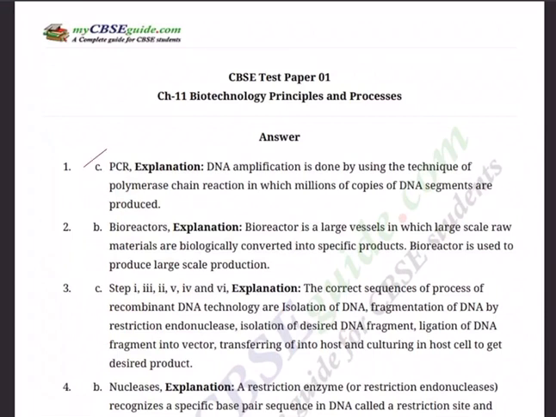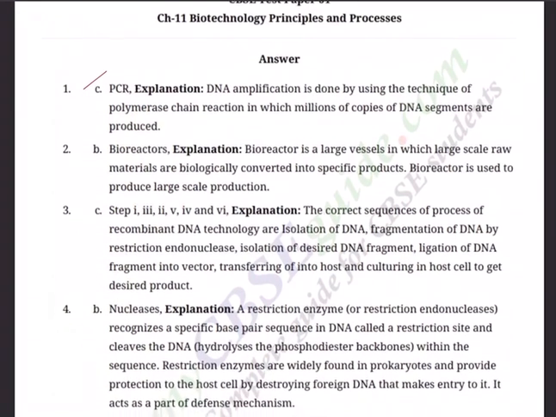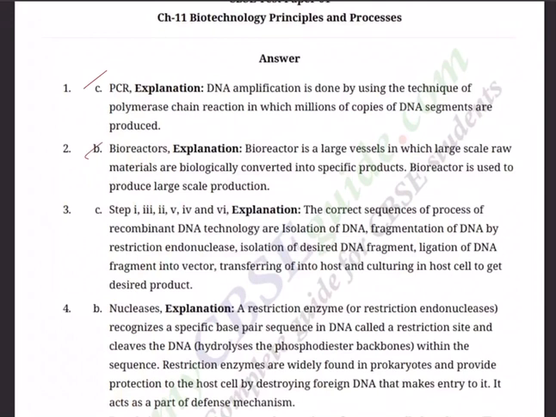Question 1. The answer is C, PCR. Explanation: polymerase chain reaction. DNA amplification is done by using the technique of polymerase chain reaction in which millions of copies of DNA segments are produced. Question 2. Bioreactors.